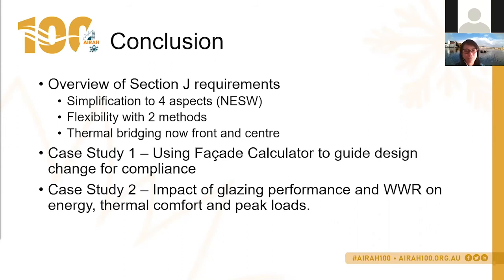I've also gone through a case study where we used the facade calculator to help you change your design for compliance, as well as a case study looking at the impact of changing glazing performance and window wall ratio on energy, thermal comfort, and peak loads. So this concludes my presentation. Might move on to the Q&A now.